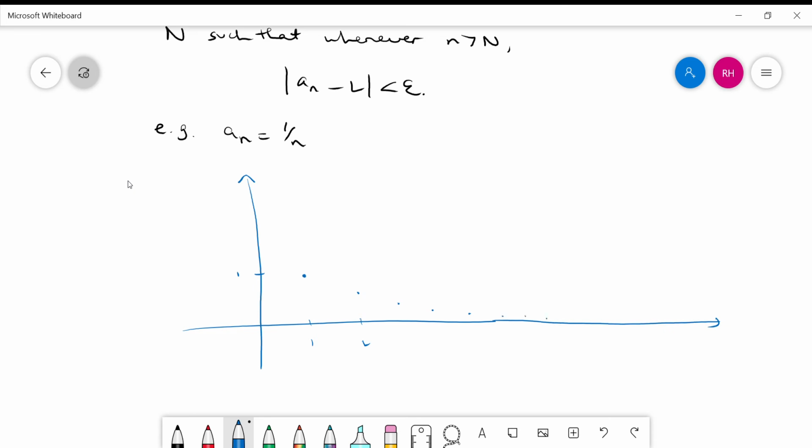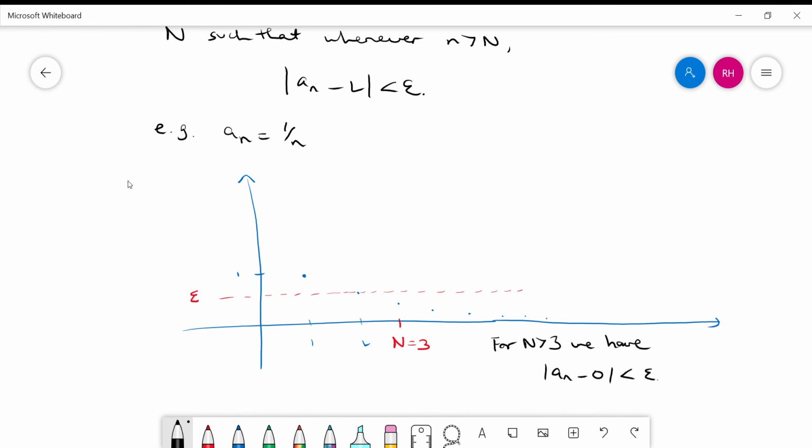Dot, dot, dot. And the basic idea is that if someone would give me an epsilon, an error tolerance, then I can easily work out, for this epsilon, let's say N equals 3. I can see here that for n greater than 3, we have a_n minus the limit, and you have to know what the limit is, which goes to 0, is less than this epsilon.